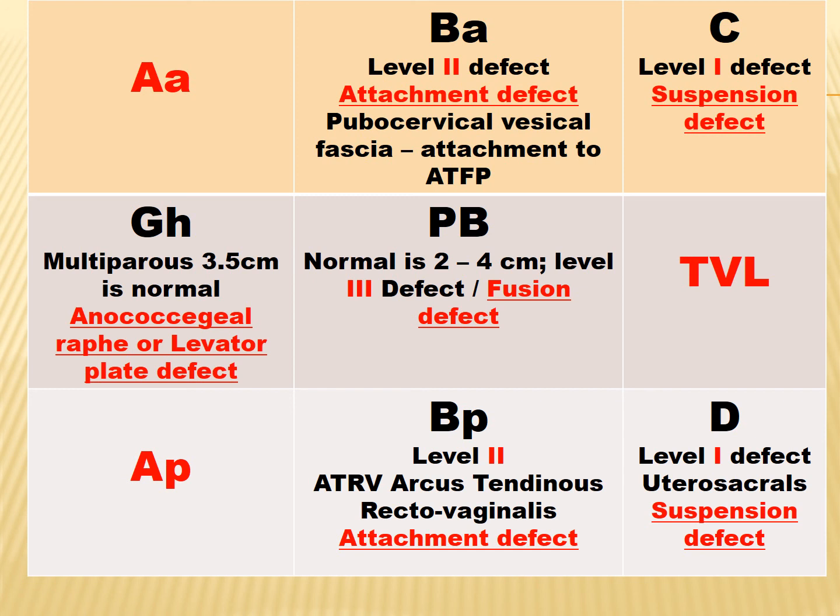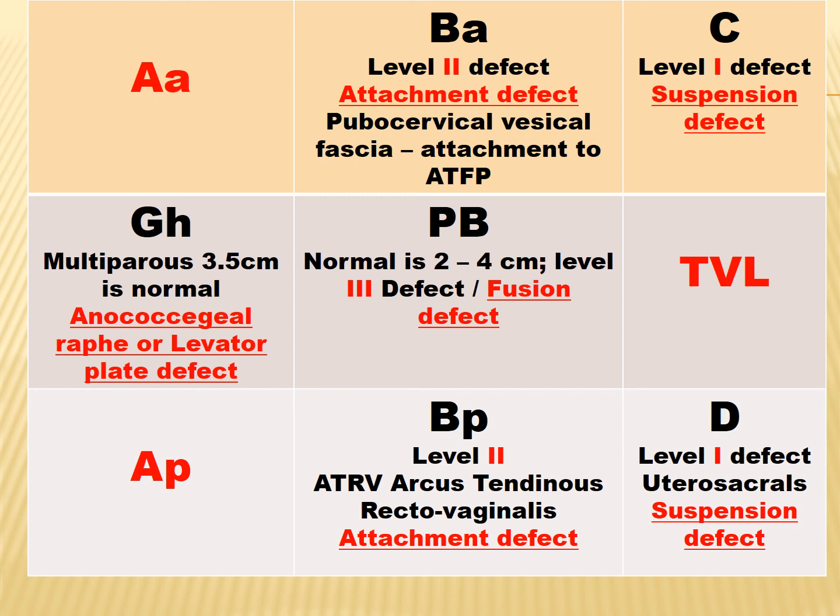Right. And if there is an issue with the point D value, then we can say it is a level 1 defect, because of the attachment of the uterosacral. The level 1 defect is also called a suspension defect. Right. So this also clears the posterior vaginal wall.